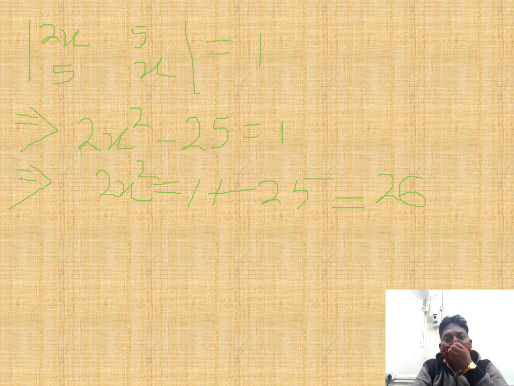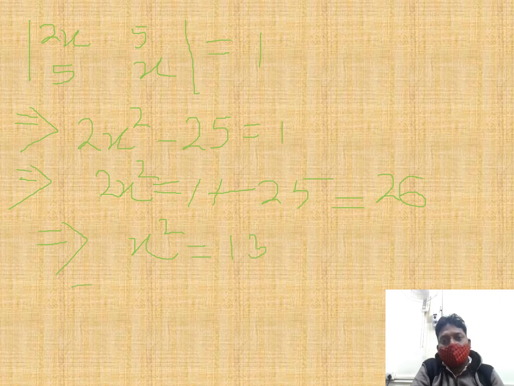Then if 2x square equals to 26, no doubt your x square will be 26 by 2, that is equal to 13.